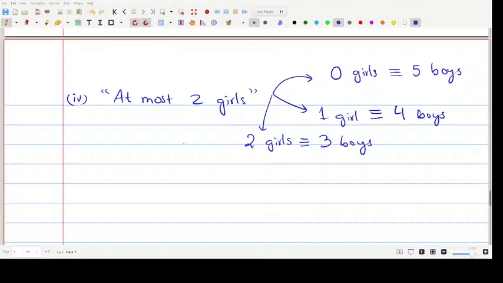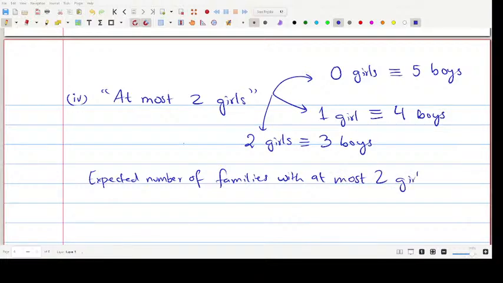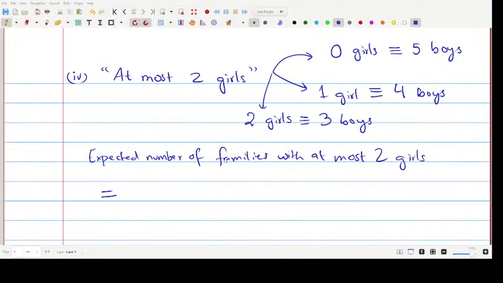So we have got the question reframed as follows. The expected number of families with at most 2 girls is equal to, again, here the cases are all OR cases.